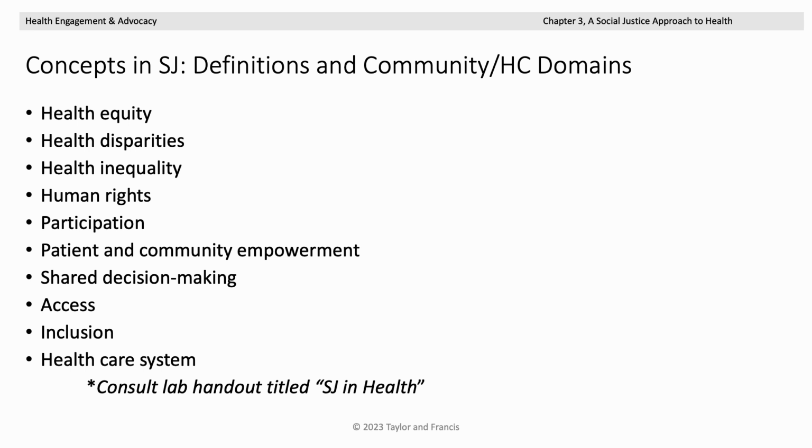Patient and community empowerment: building the capacity of individuals and communities to exercise control over decisions affecting their health. Access and inclusion: whether people can actually reach, afford, and be respected within the healthcare system.